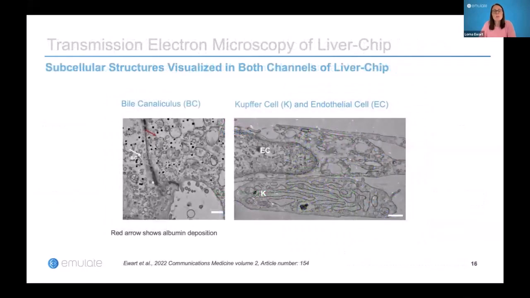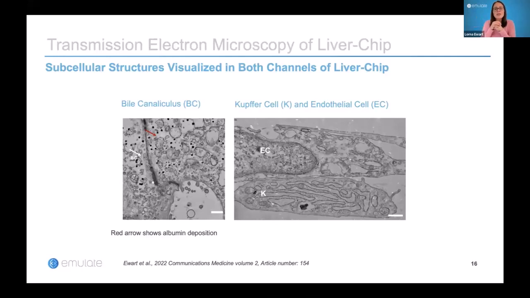We also went one step further and looked deeper at these cells using transmission electron microscopy. On the left-hand side, you can see 2 hepatocytes next to each other. You can see the thin bile canaliculi structure, about 1 to 2 microns in diameter, and lots of dark spots, which are deposits of albumin.